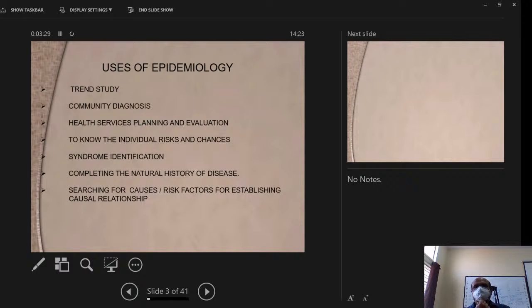The natural history of the disease means how the disease infects the person, what the incubation period is, what the pathogenesis is, when symptoms surface, how the symptoms progress, how the disease progresses till the end of life. That is known as the natural history of the disease. Epidemiology is also used to learn the natural history of the disease without any intervention.